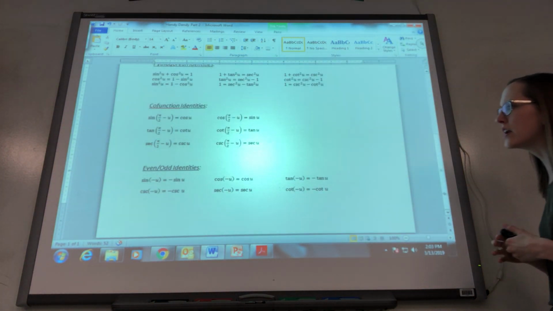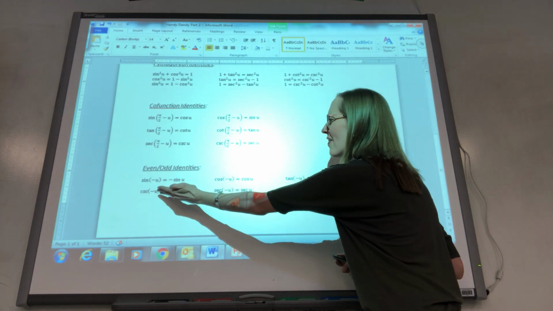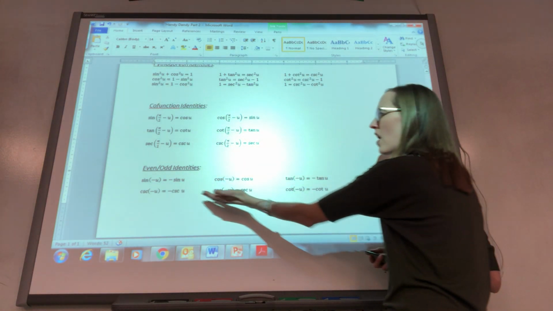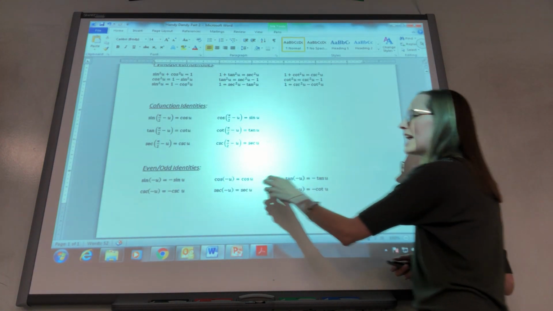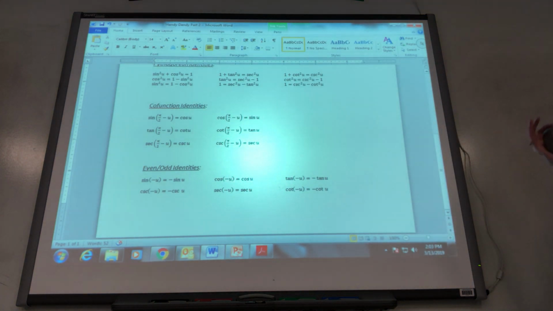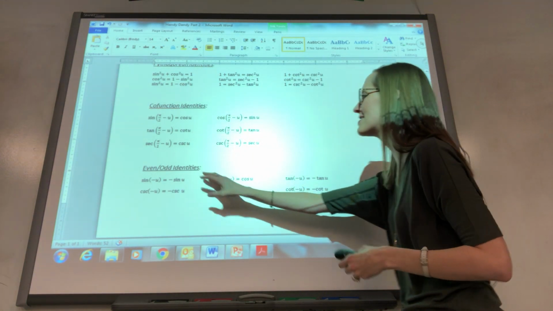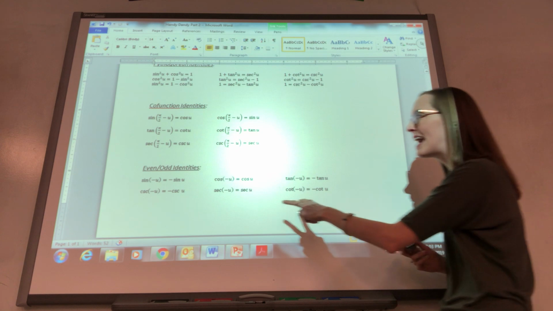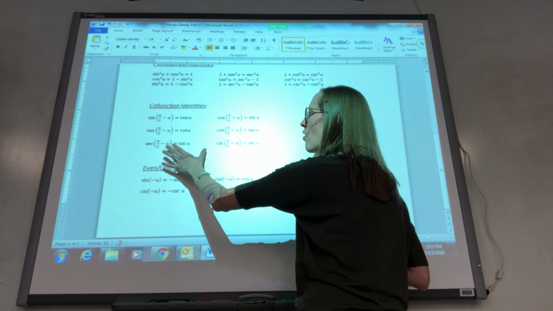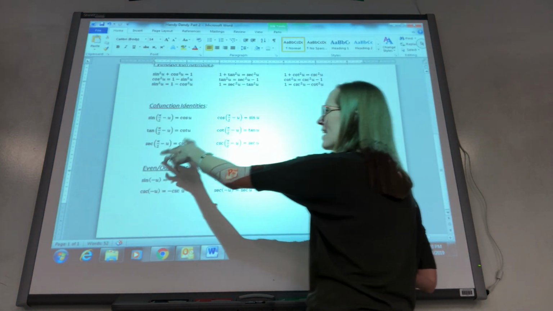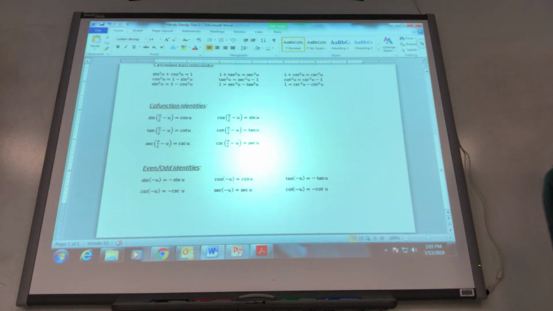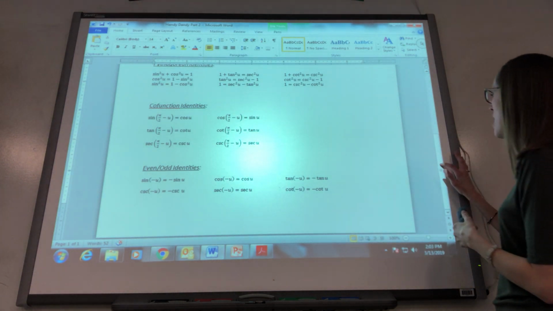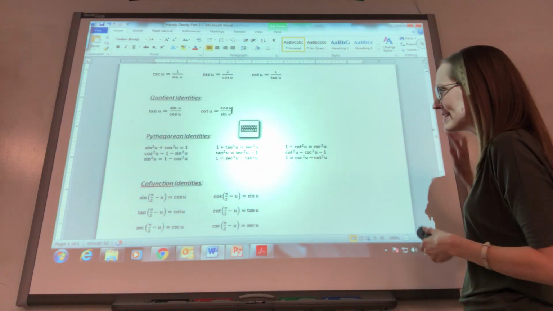I'm going to start down here at the bottom. You really can't use the even and odd identities unless you've got a negative with that function, and so I'm not going to be able to do that. You can't use cofunction unless there's a pi over 2 minus something in the problem, and I don't have that.